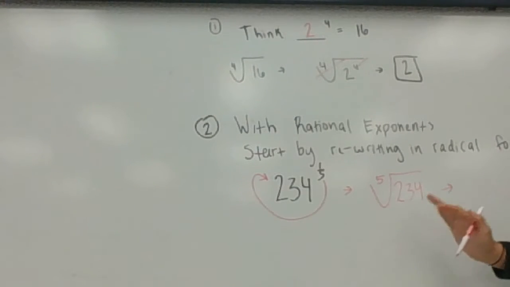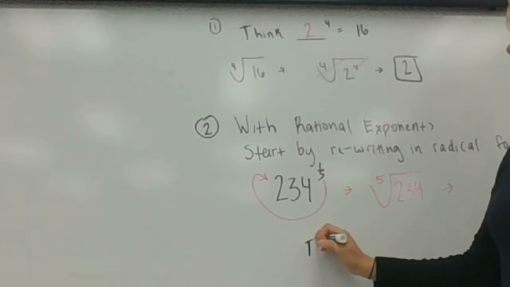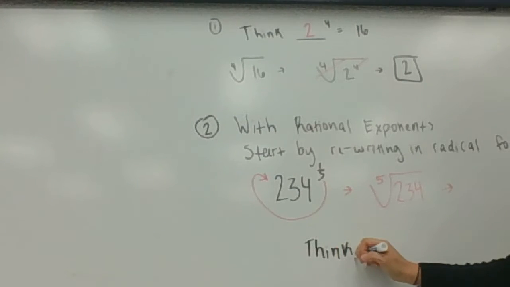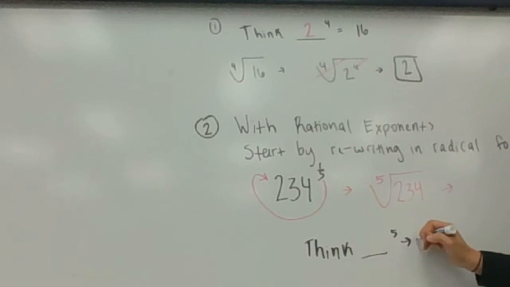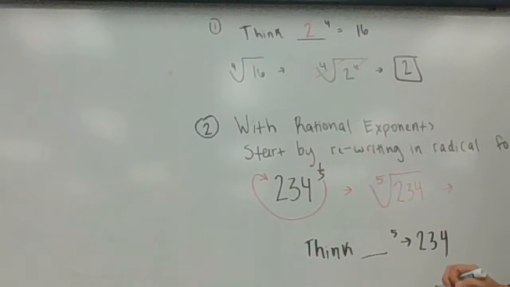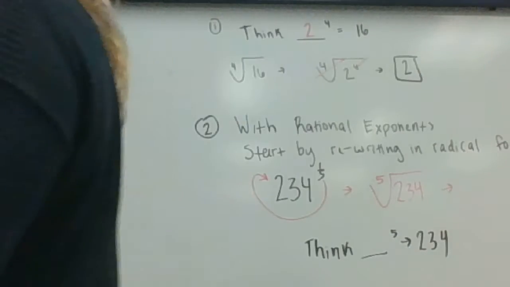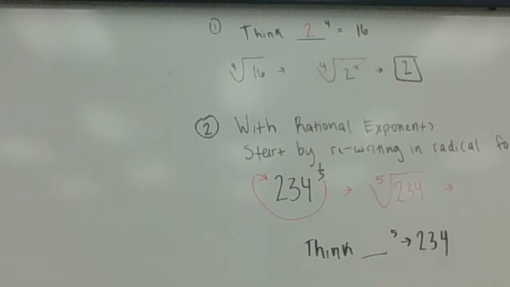The directions still say simplify, so I need to go one step further. So I have to think of powers of 5. So 1 to the 5th is 1. 2 to the 5th is 32. 3 to the 5th is 242.